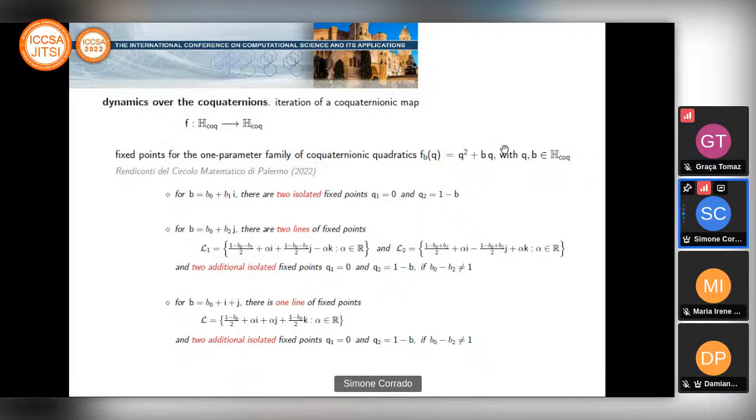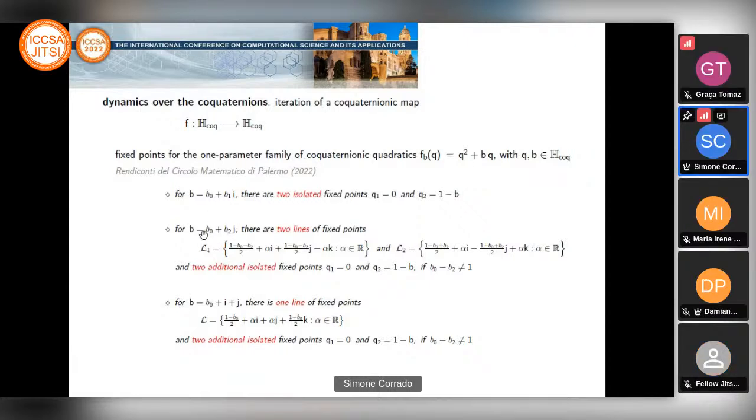For this family of quadratic maps, we prove that for b of this form, there are two isolated fixed points, but for b equal to b naught plus b2j, we prove that there are two lines of fixed points.